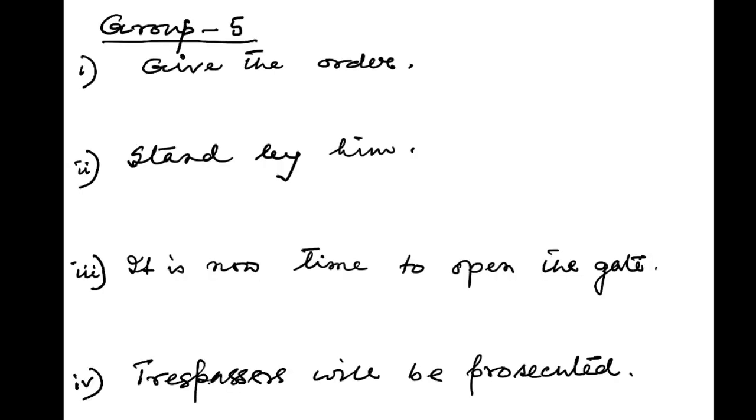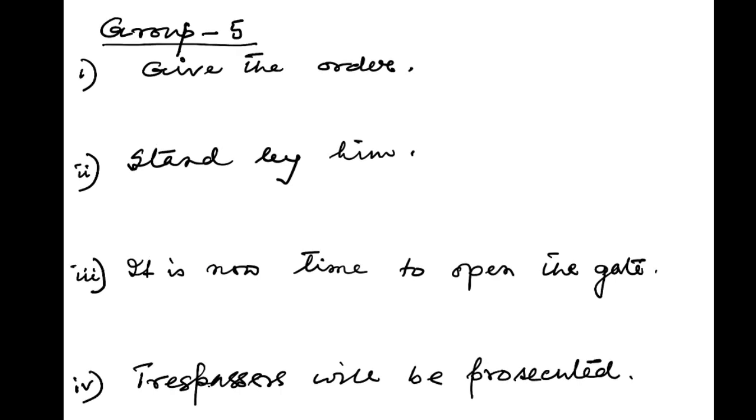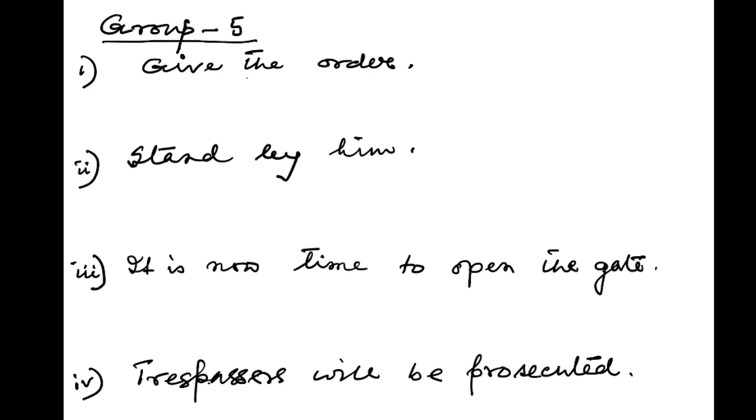And now take the answer. The first sentence is give the order. It is an imperative sentence with an object. So it will begin with let.